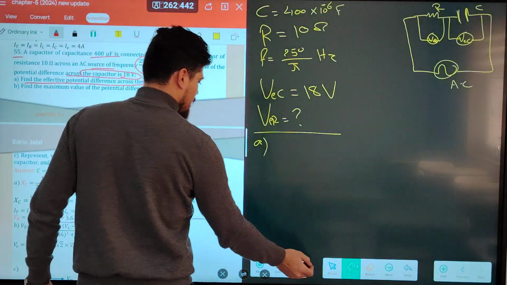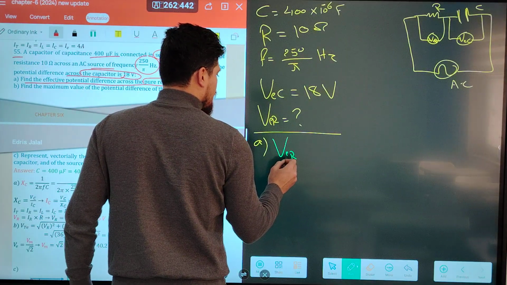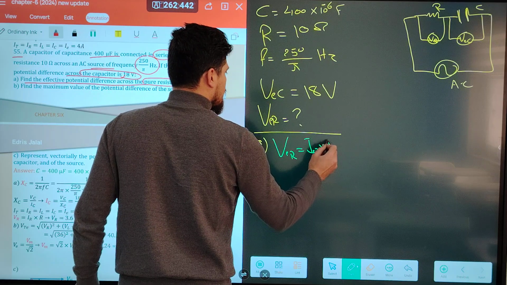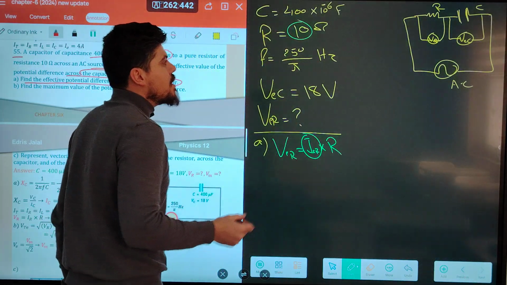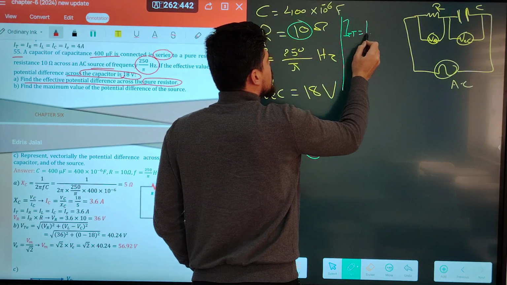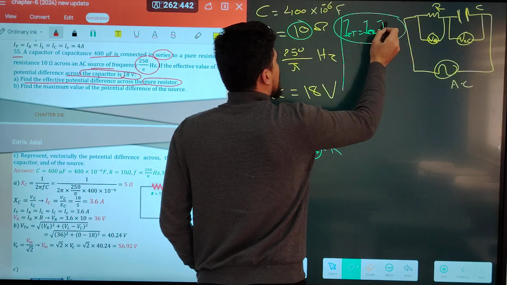How can we determine VER? Branch A. Let's solve branch A. Guys, VE, effective value potential difference across resistance, is equal to IER times R. Do we have R? Yes. But we don't have I. Because the circuit is series connection, IE total is equal to IER, IEC. Okay?